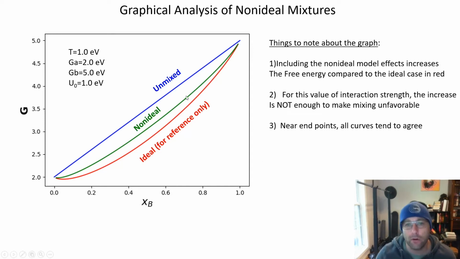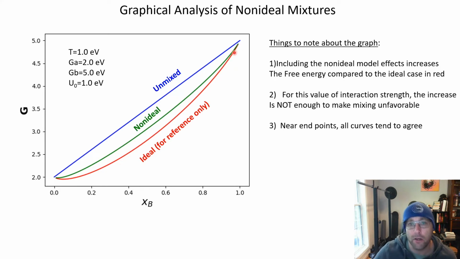So I draw three curves here. I draw, as we always do, the unmixed linear terms in blue. For reference, I put the case of an ideal mixture. It's important that this is just for reference. We're not saying there's a possibility of having an ideal mixture.